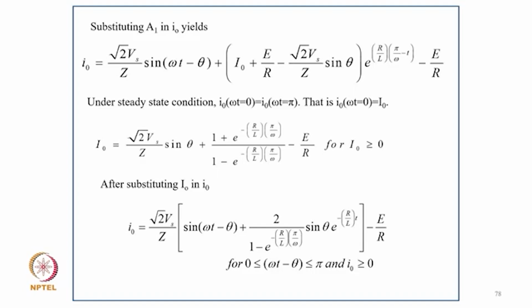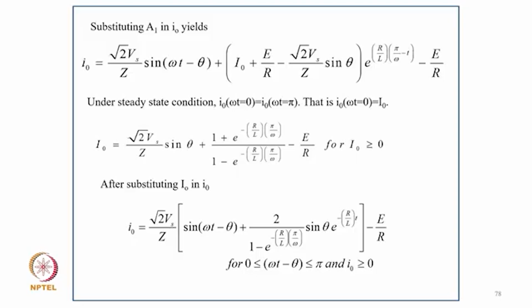I at omega t equal to pi, that is I0, equal to root 2 Vs upon Z into sin theta plus 1 e to power minus R upon L pi upon omega divided by 1 minus e to power minus R upon L pi upon omega, minus E divided by R for I greater than 0.